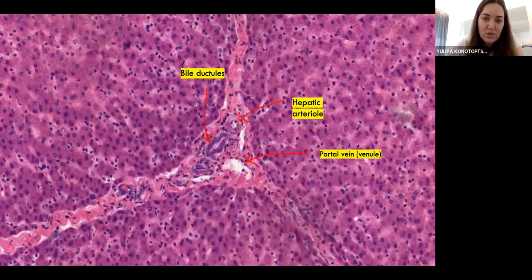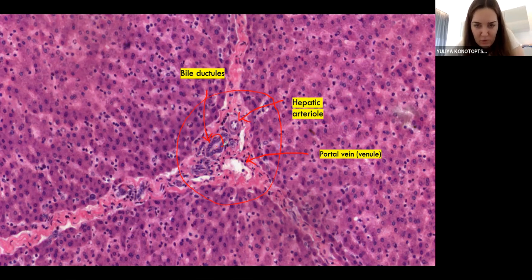So we magnify into the portal canal, which contains the portal triad. Here I have already named it for you, so you can study and see it for yourself. So how do I go? It is very easy to identify a ductule. First of all, it's not a duct, because all of them are very tiny, so it has to be a ductule. You remember that they look weird. They have simple cuboidal epithelium, and there are no red blood cells inside. So I think it's very easy to identify first the bile ductule if it is small, or bile duct if it is big.